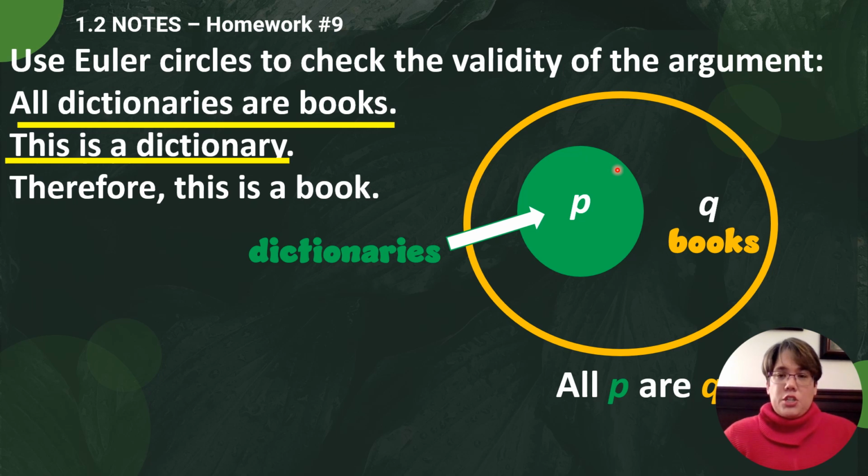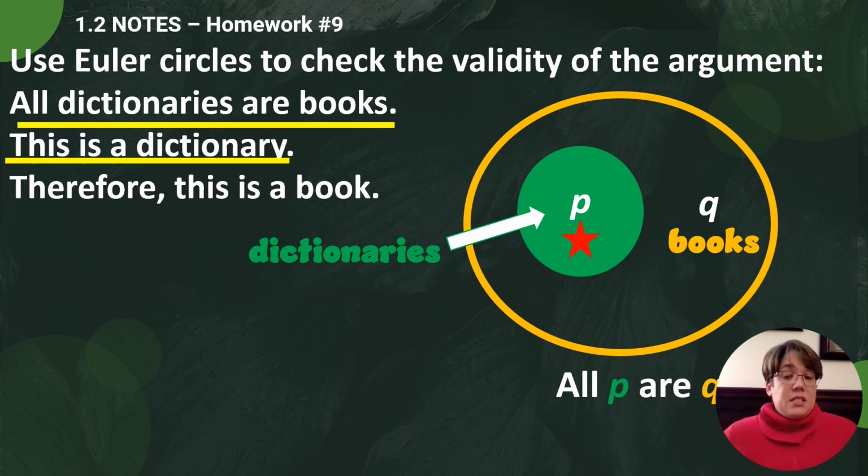If it landed out here, would it be a dictionary? No. If it landed right here, would it be a dictionary? No, because it would be a book, but not necessarily a dictionary. It would have to land in this green part in order to be a dictionary. So I'm going to put a star in that green circle.